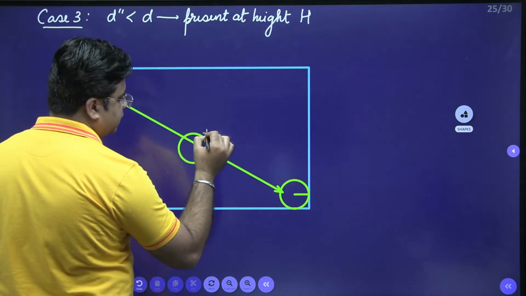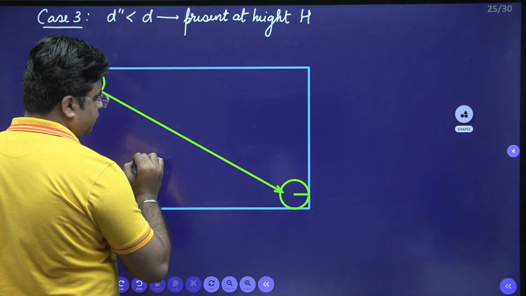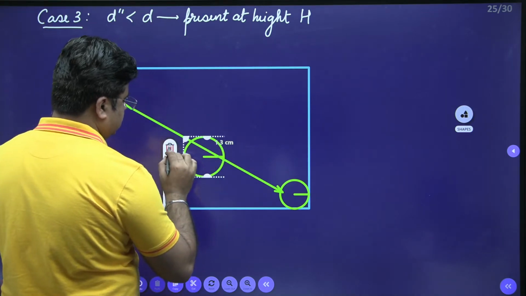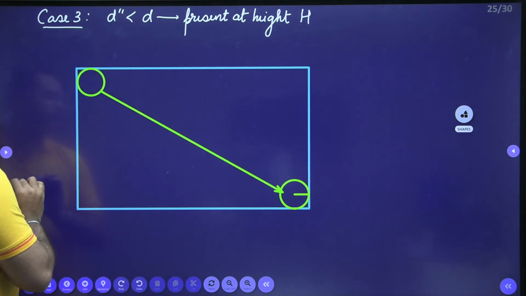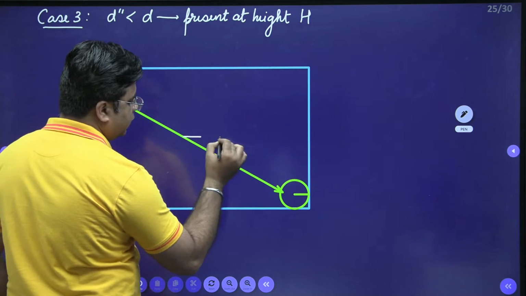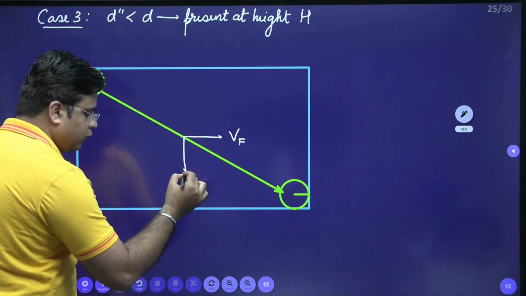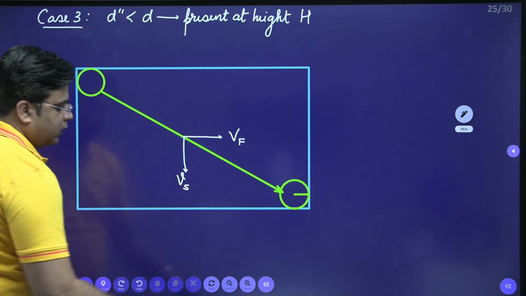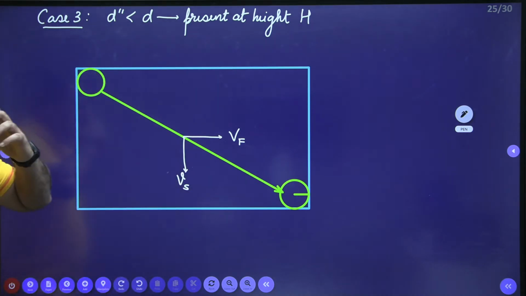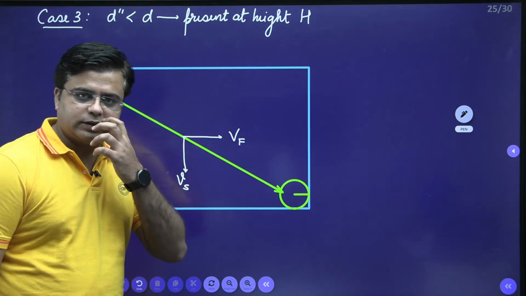It is moving with the horizontal velocity of flow Vf and vertical velocity of flow Vs. Okay. This is my concerned size of the particle. Using this, we are doing all the analysis.